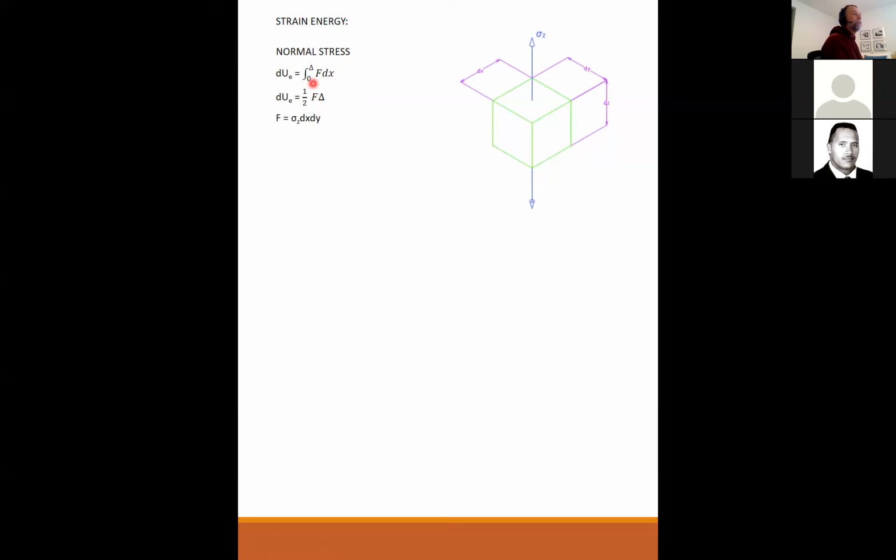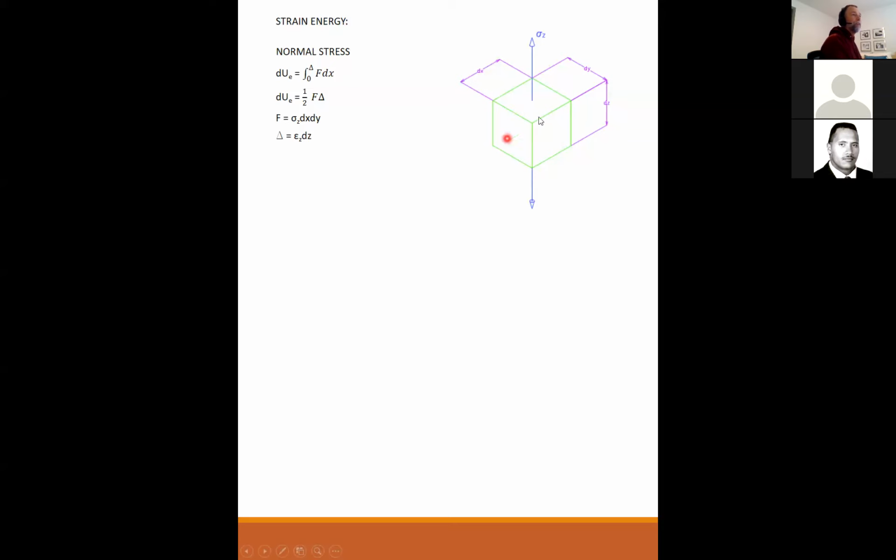The force is the stress times an area, all the way back to chapter 2. The area happens to be dx, dy, and the stress is sigma z. So the total force is the stress times the surface area.